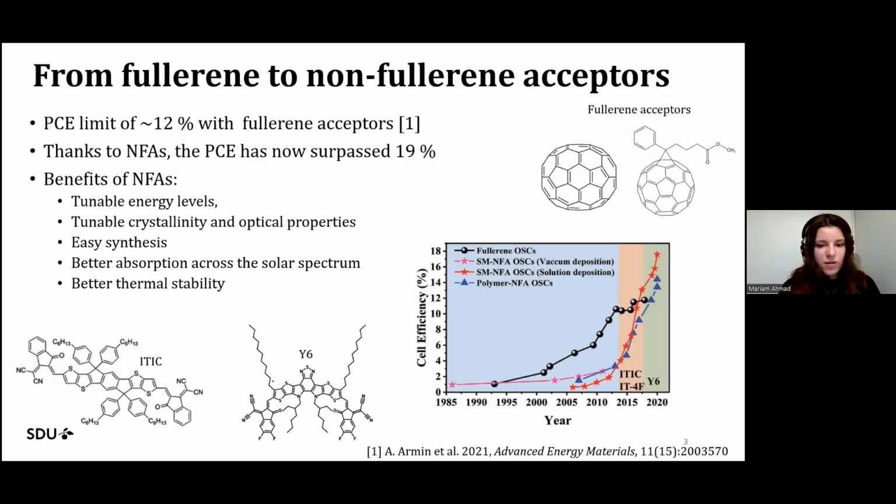ITIC is one of the popular ones, and also Y6 that you see here. And some of the benefits of NFAs is that they have tunable energy levels, crystallinity, and optical properties. They're easy to synthesize, and they have better absorption across the solar spectrum compared to fullerenes, and also a better thermal stability, which also will positively affect the stability of devices. And the study I will present today will include ITIC that you see right here.